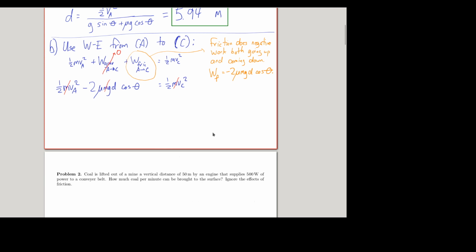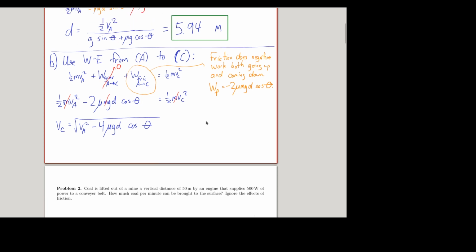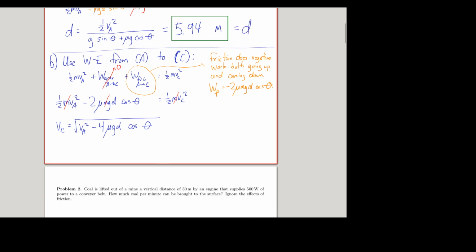And solving for v_C, this is going to be the square root of v_A squared minus 4 mu g d cosine theta. But I know d, right? I have a value of d from my previous part. So all I need to do is to type this into the Google machine again.